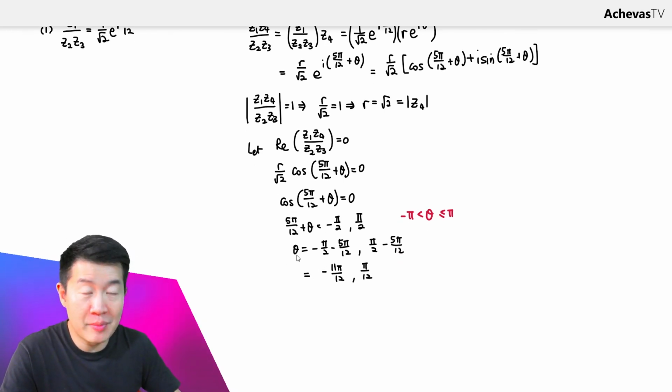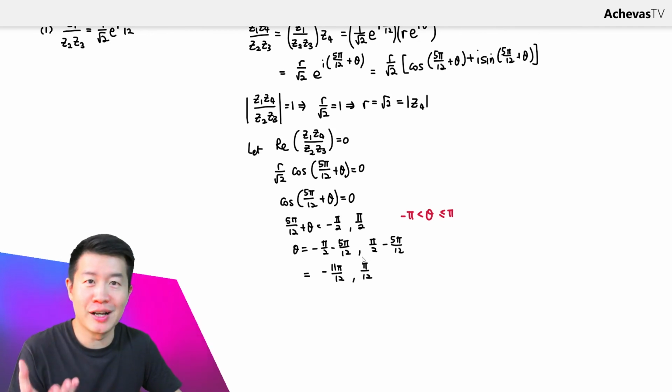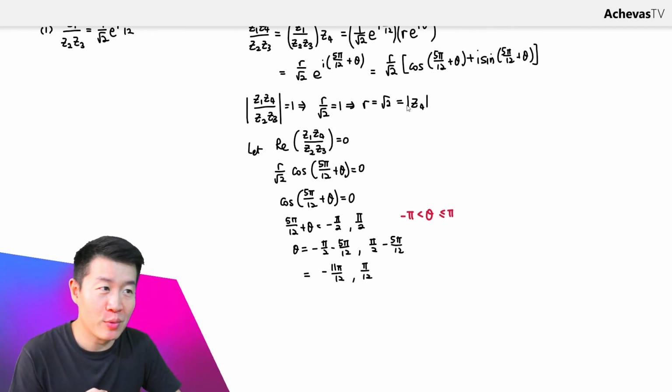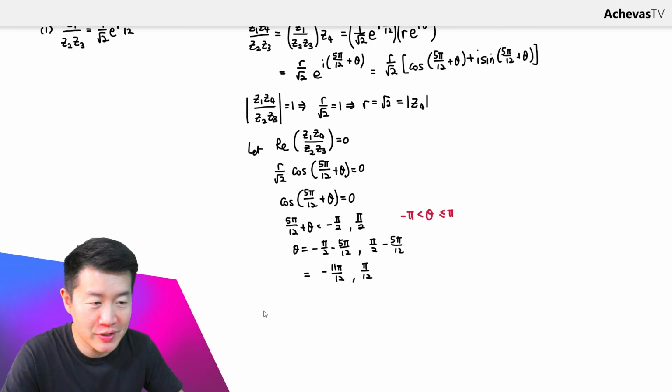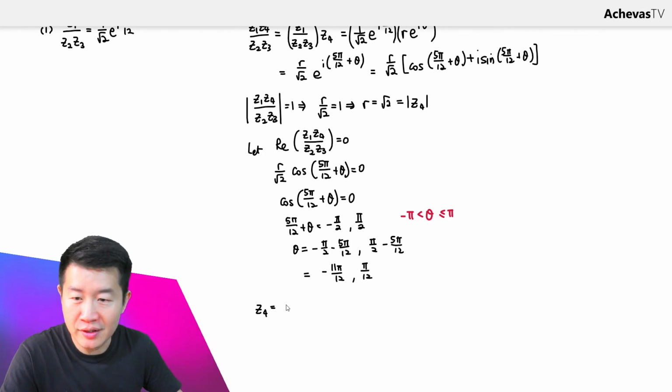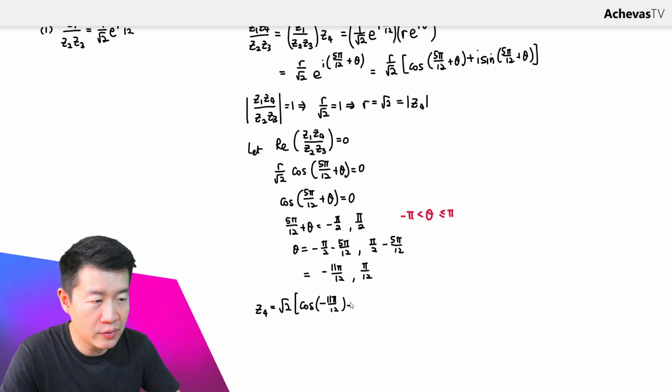And this theta is actually the argument of z4. So we have the modulus of z4 and we have the argument of z4. This can help us to write down the two possible values of z4 in the trigonometric form, and they will be square root of 2 times cosine of minus 11 pi over 12 plus i sine of minus 11 pi over 12.